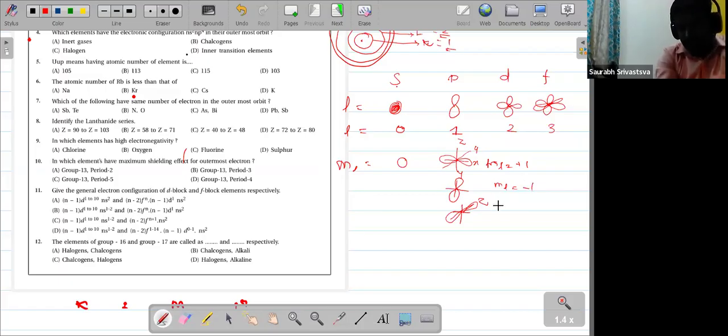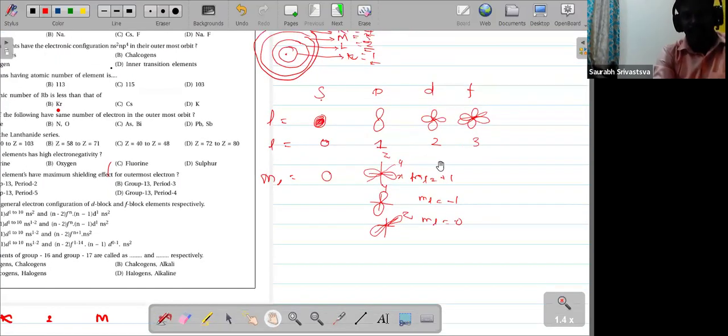If it is Z direction, ML value equal to 0. That means 3 orientations, either Z orientation or X orientation or Y orientation. So that's what I said before, how the orbital will be located in the particular region. And next, same as it is, D orbital also having 5 orientations. The 5 orientations means I'll write the numbers itself.